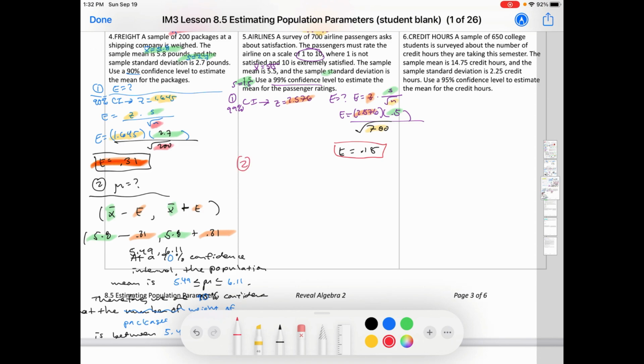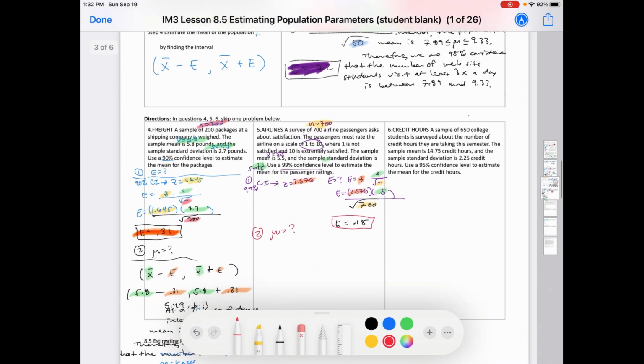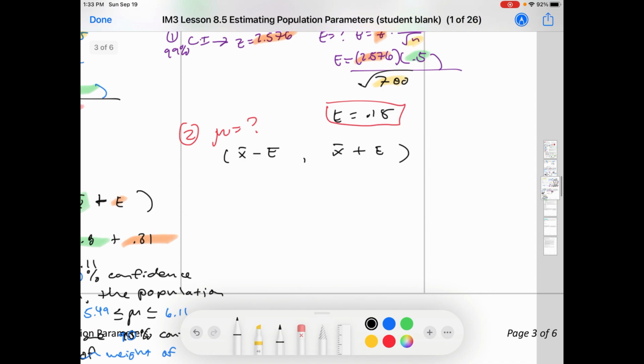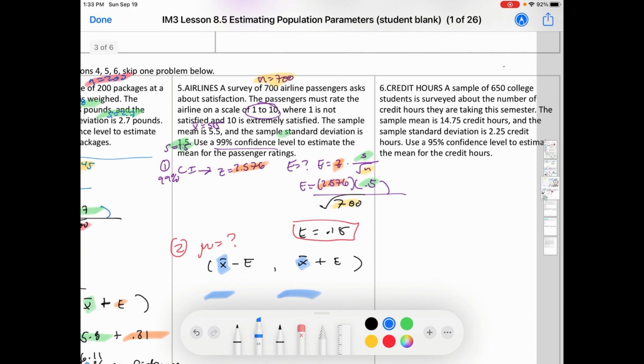Okay, so now we're going to figure out what the population mean is with our confidence interval. To do that, I'm going to use what we call estimating a population mean, which is X bar minus E and X bar plus E. Where do I get X bar? This number comes from reading right there, 5.5.